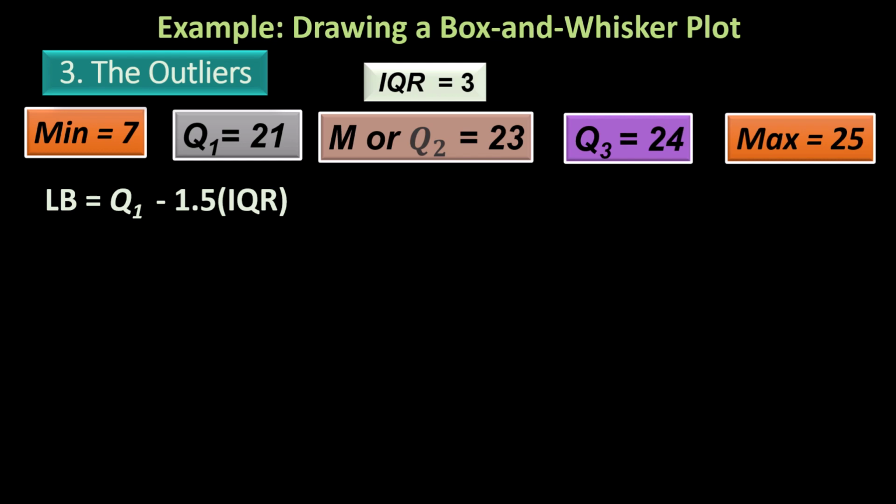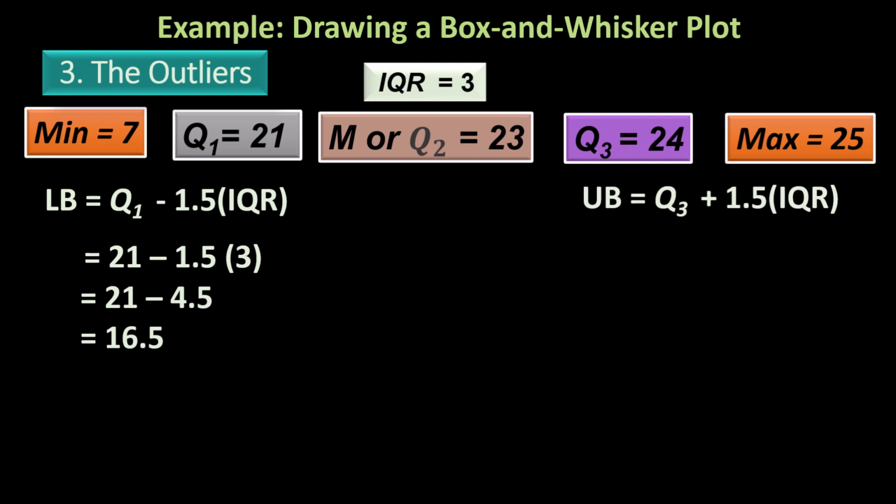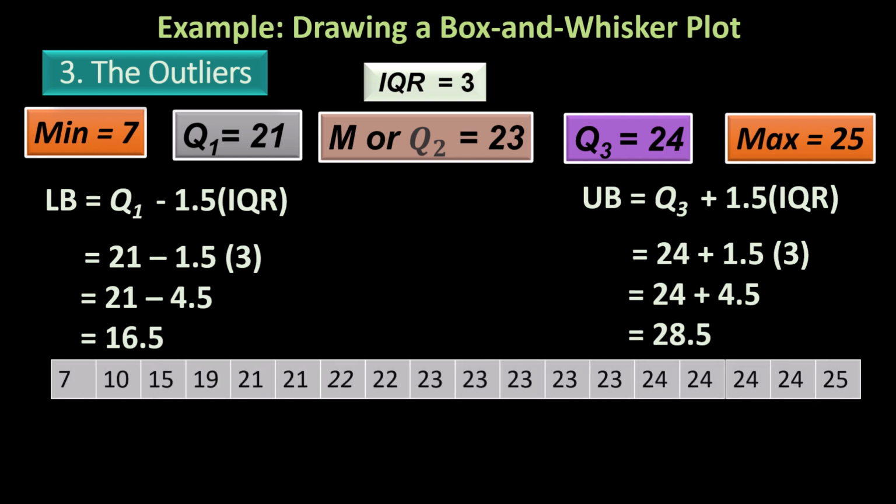Lower bound is Q1 minus 1.5 times IQR; plugging in the numbers, the lower bound is 16.5. Similarly, upper bound is Q3 plus 1.5 times IQR, and the upper bound is 28.5.